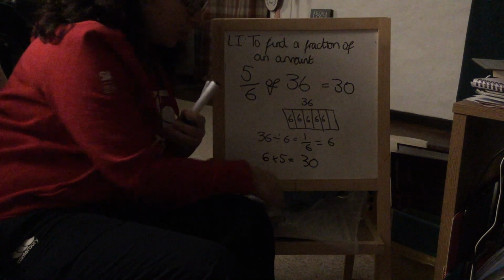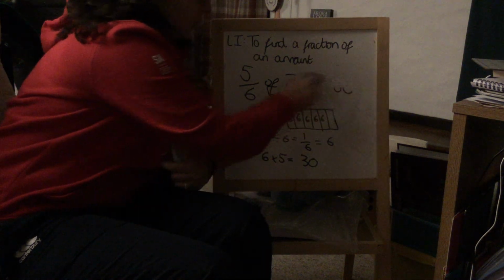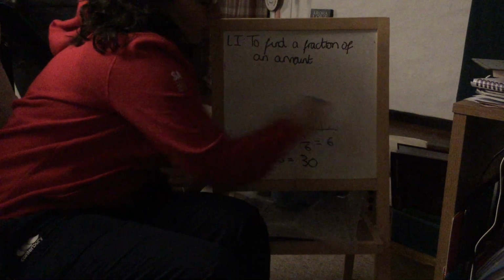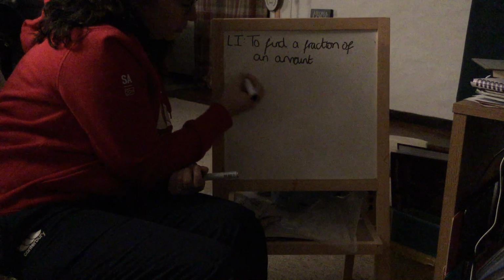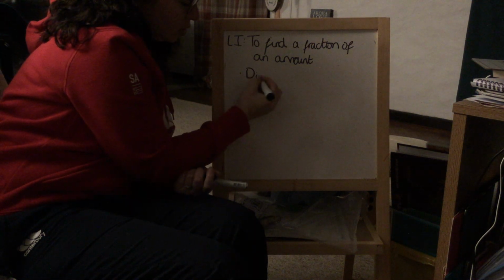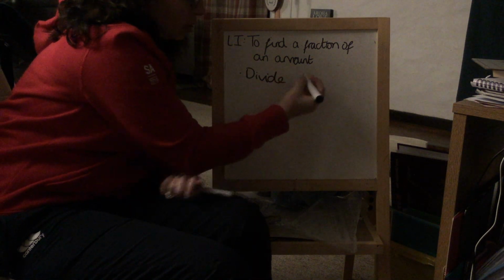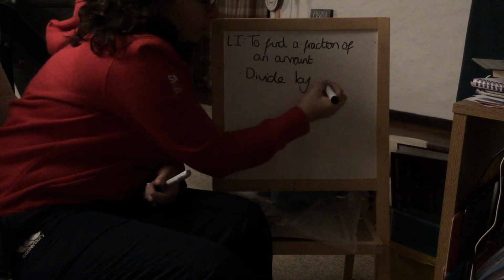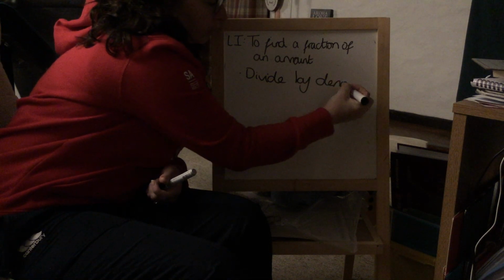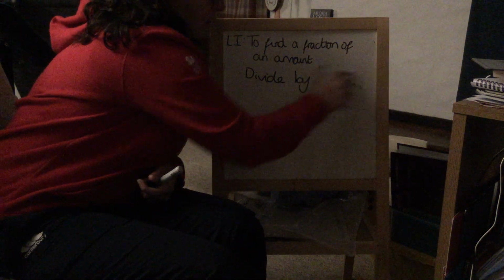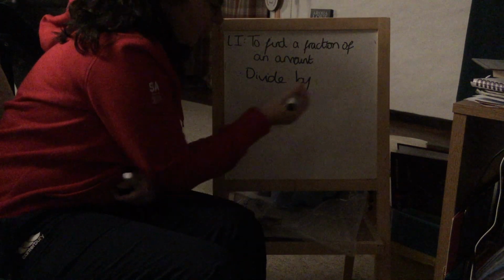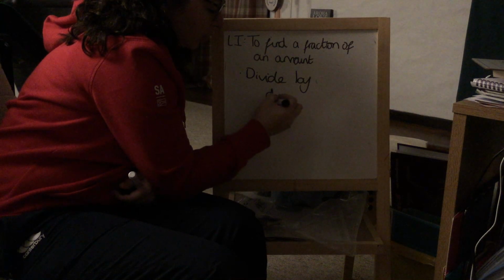So the two main steps. First thing you do, divide by the denominator. I'm going to run out of room. I can't wait to have a big board back. Divide by denominator.